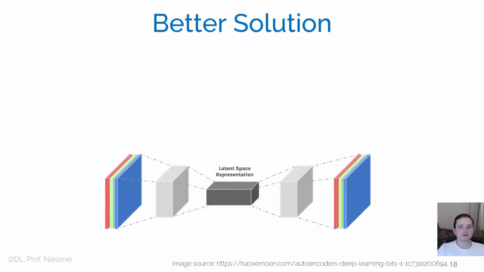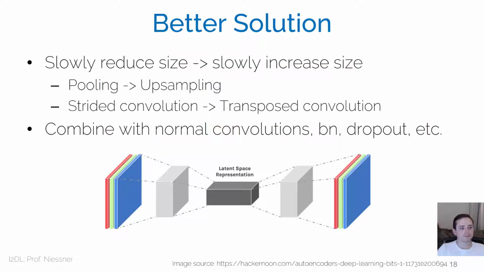So a better solution is to use something similar to the autoencoders that you've already seen, but this time with convolutions, not with fully connected layers or linear layers. And the idea here is to take the input, which would be an RGB image, and slowly with convolutions reduce the size, the spatial dimension, and increase the number of filters.